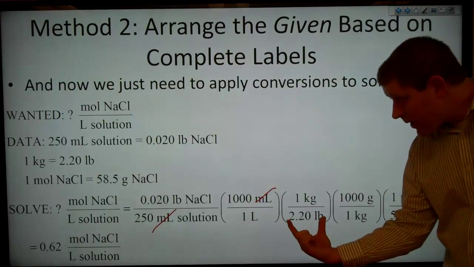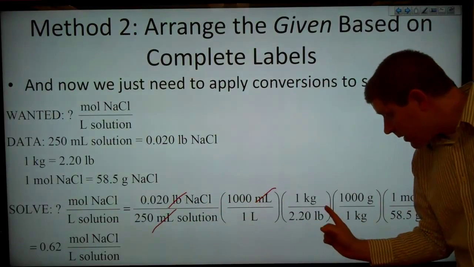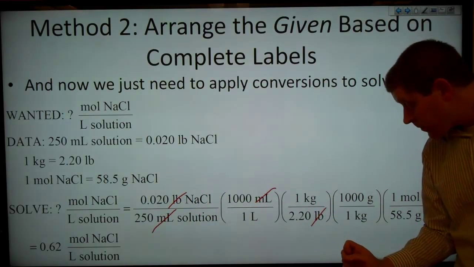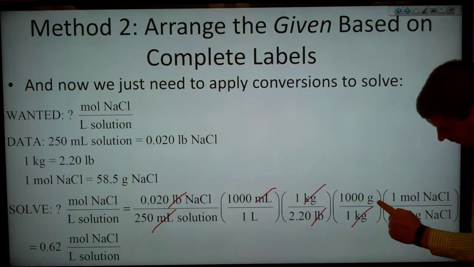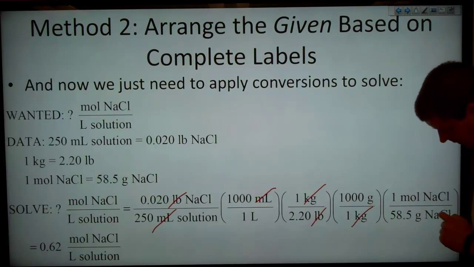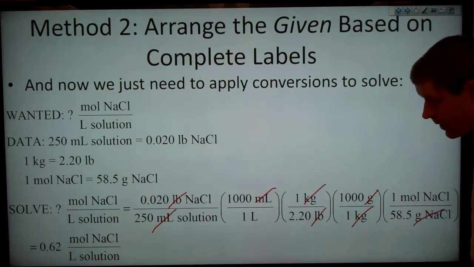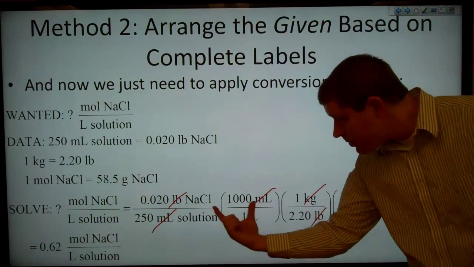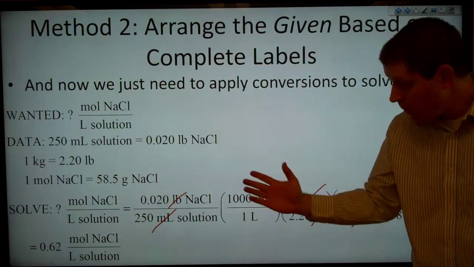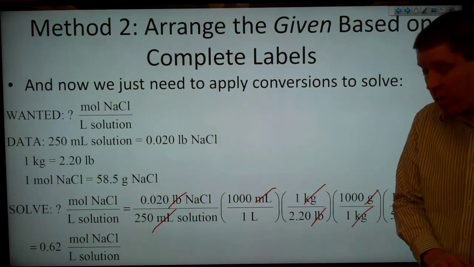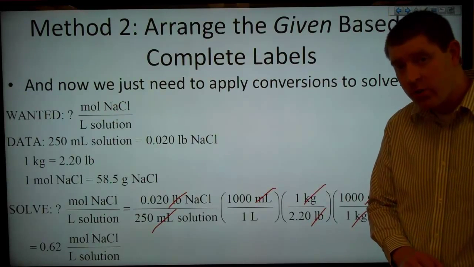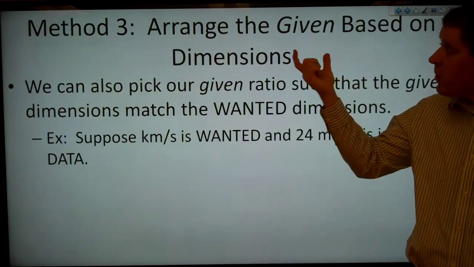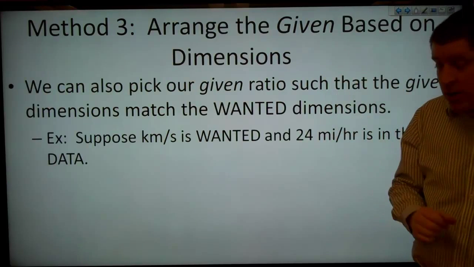So we get rid of pounds of sodium chloride here, convert to kilograms, and then we convert from kilograms to grams, and then we can convert from grams to moles of sodium chloride. And so now we have moles of sodium chloride on top where we wanted it, and we have liters of solution on the bottom. And when we work out the math, it ends up being 0.62 moles of sodium chloride per liter of solution.